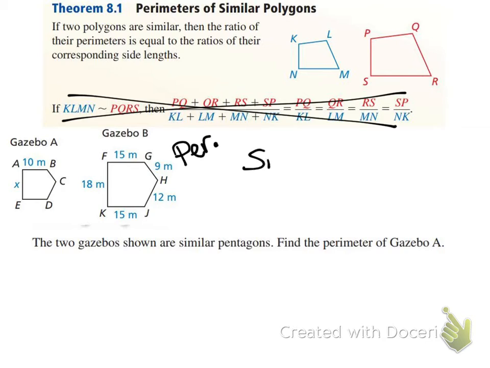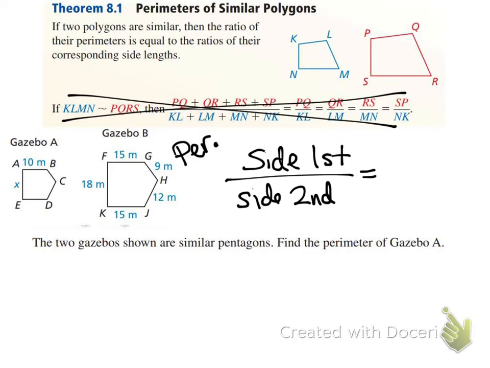You're going to take the side from the first over the side from the second, and it will equal the perimeter of the first over the perimeter of the second. Because according to this, the perimeters are similar if the shapes are similar.